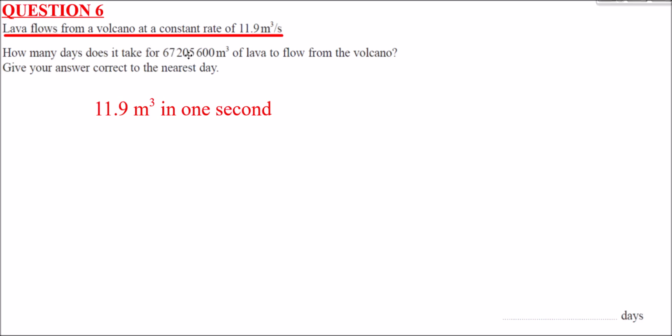So how many times bigger is this number than that one, essentially? So to find out how many seconds it would be, I'll have to work out 67 million and so on divided by 11.9 to work out how many times bigger this is, and therefore how many seconds the volcano must have been spewing lava for.